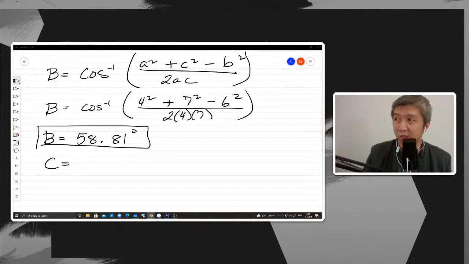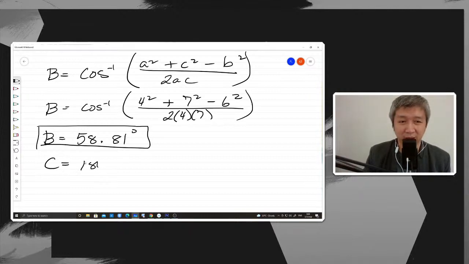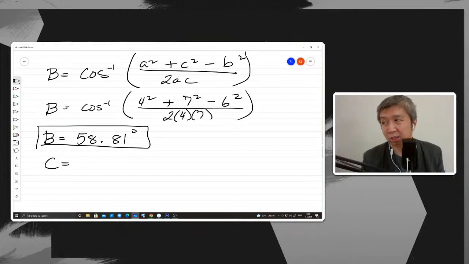Ignara, don't use the cosine. Just use 180 minus 58.81. Just subtract from 180.